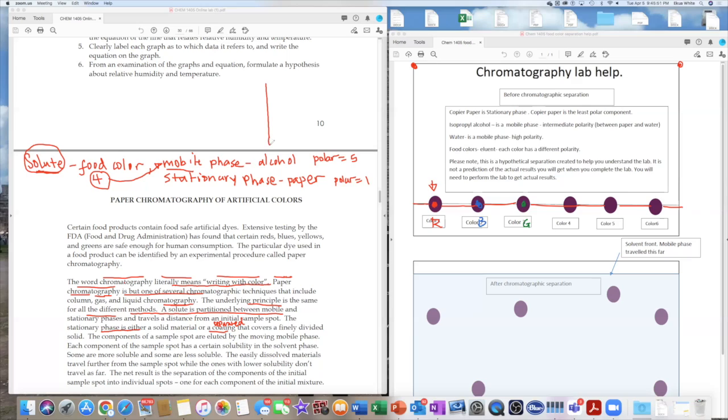The beaker won't be filled, but it will have your mobile phase in there. So once again, I'm going off script, your mobile phase is in here. Let's pretend the level is here. And then you have your piece of paper in here. So I'm going to draw the paper with the color, let's say light blue.